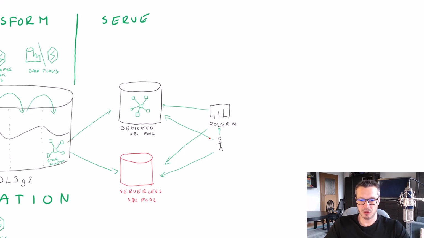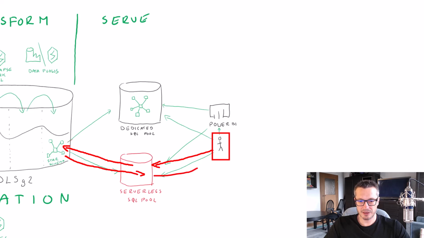So basically, when someone queries our Serverless SQL pool using TSQL, this query is actually sent to the data lake transparently. So the data consumer is not even aware that the data lives somewhere else. Then data is read as Delta and returned on the fly to the customer.